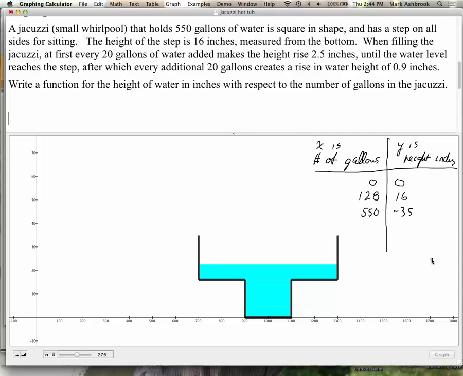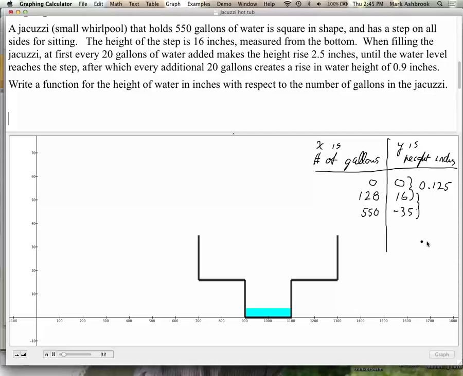Okay, tell me, Daniel. Did you get it? Well, delta, for the bottom half, it's 16 over 128. And then the second half would be 35 minus 16 over 550 minus 128.